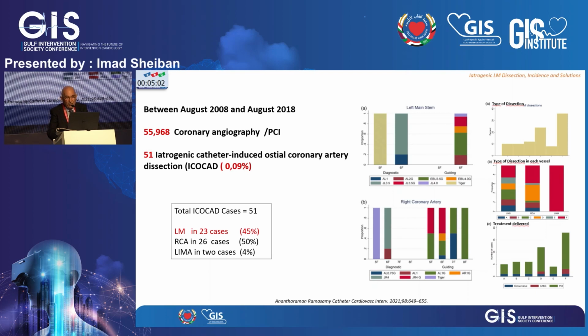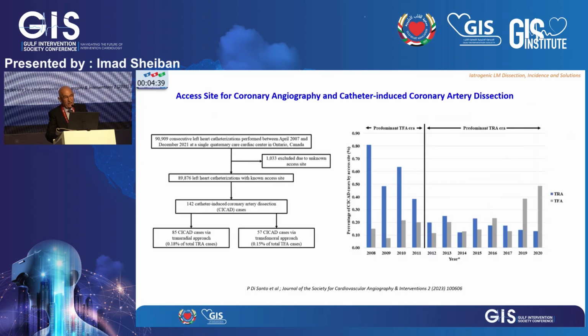And you can see also there's no relationship with the catheter used and the curve used, as well as the distribution of type of dissection at each vessel, and the treatment delivered is mostly stenting in all cases.